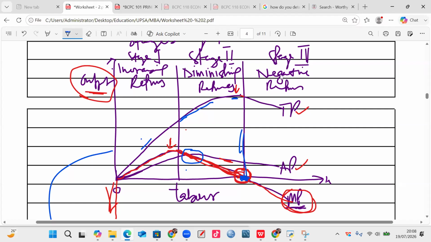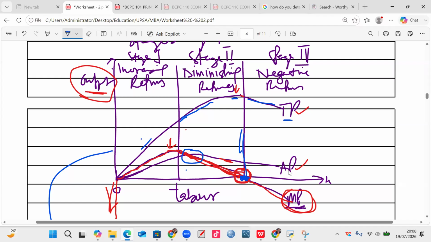Third stage, you come and speak on each of the curves. The total product continues to fall. It doesn't begin to fall because it began to fall in the second stage. You say in the second stage, the total product continues to increase, reaches maximum, and begins to fall. So in the third stage, it continues to fall.